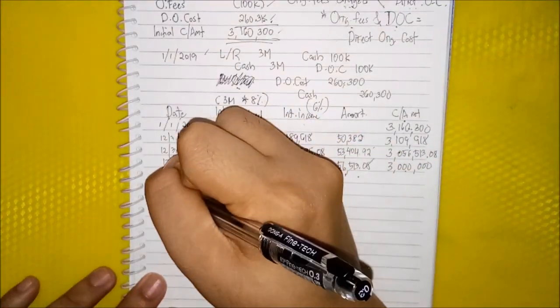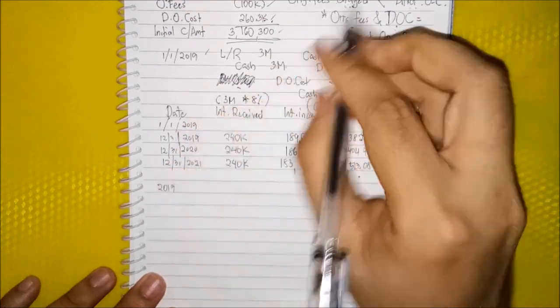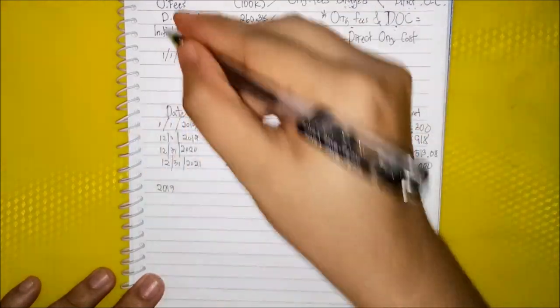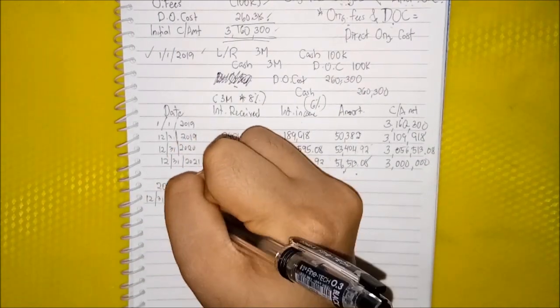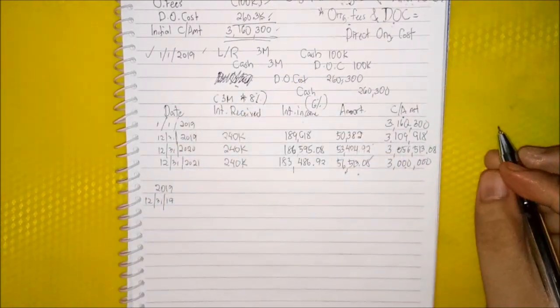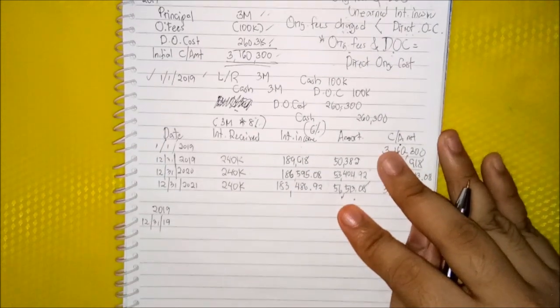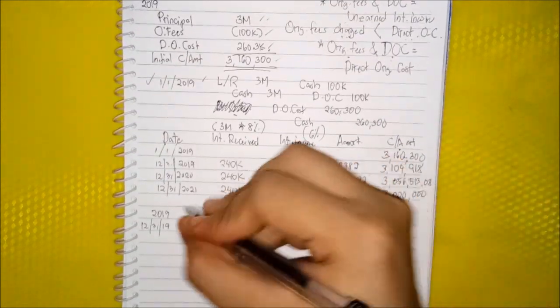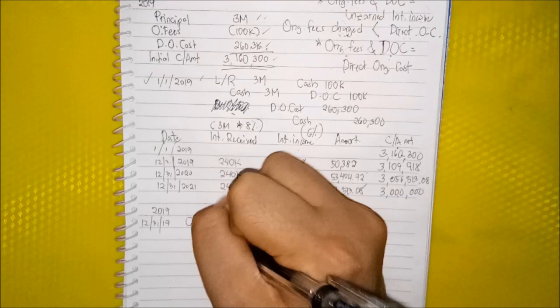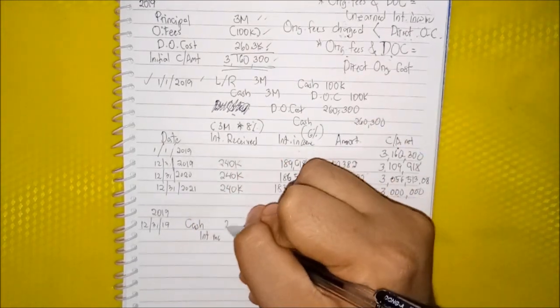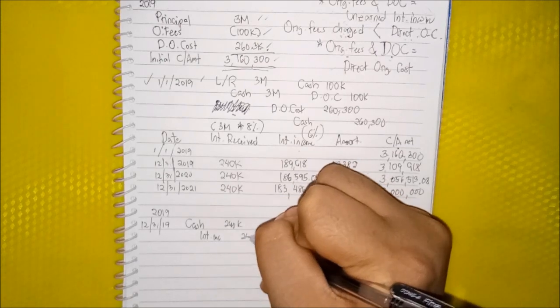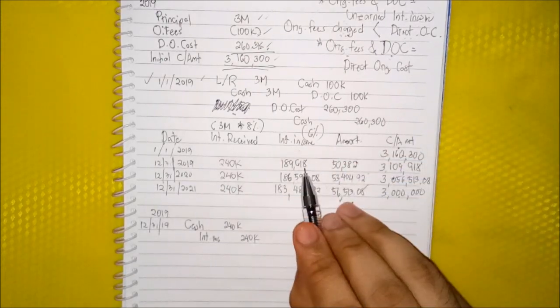Okay, for the year 2019, so kanina meron tayong January 1 entry. Ito, gagawin naman natin yung December 31, 2019. Okay, interest received, debit cash, credit interest income, 240,000. Okay, ang totoong interest income is 189.